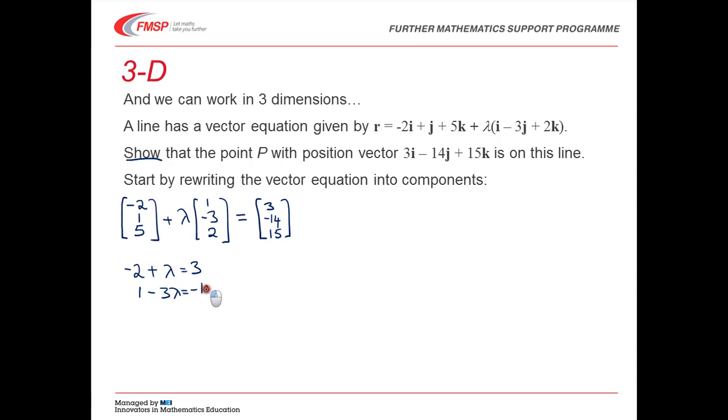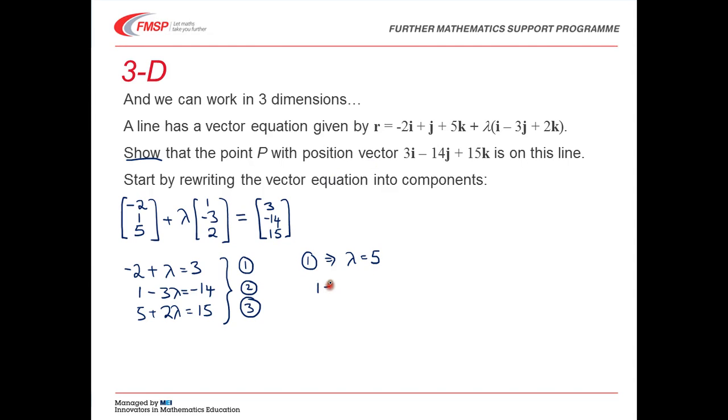If P lies on the line, then these equations must be true for the same value of lambda. 1 minus 3 lambda is minus 14, 5 plus 2 lambda is 15. So equation 1 tells me that lambda must be equal to 5. I now need to check both of the other components to make quite sure that both of them satisfy.